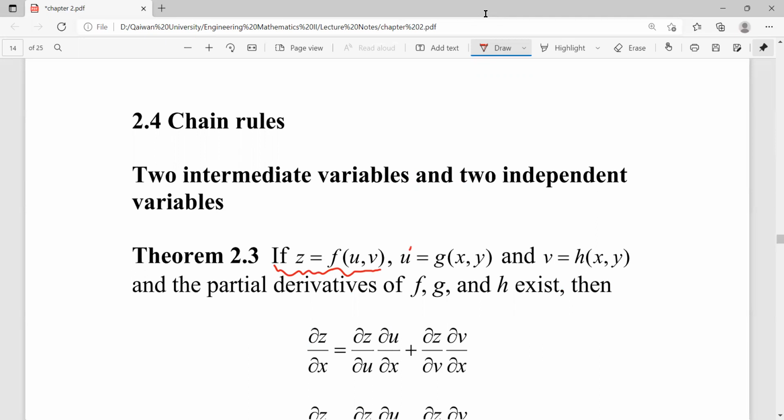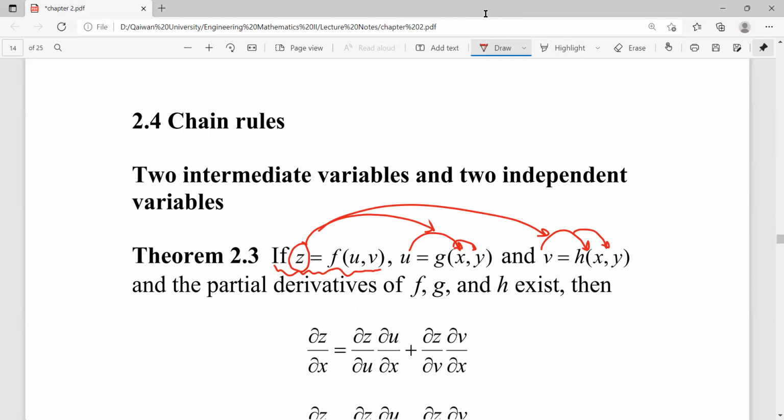As you see here, u is a function of x and y, and v is also a function of x and y. And if you want to find the derivative of z with respect to x or y, in the function of z, we have no x and y.